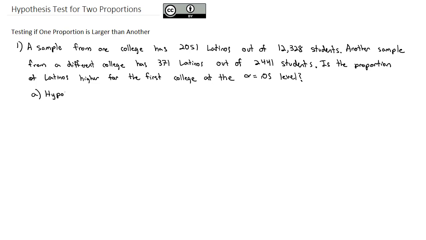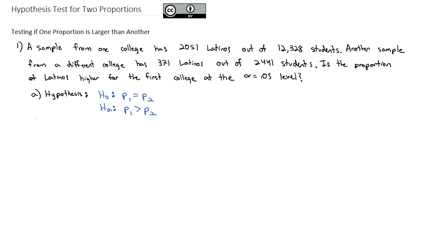First, we'll look at the hypotheses. The null hypothesis is that there's going to be no difference between them. That proportion of college 1 is equal to the proportion of college 2 that are of Latino origin. For the alternative hypothesis, we're trying to show that the proportion at college 1 is greater than the proportion at college 2.